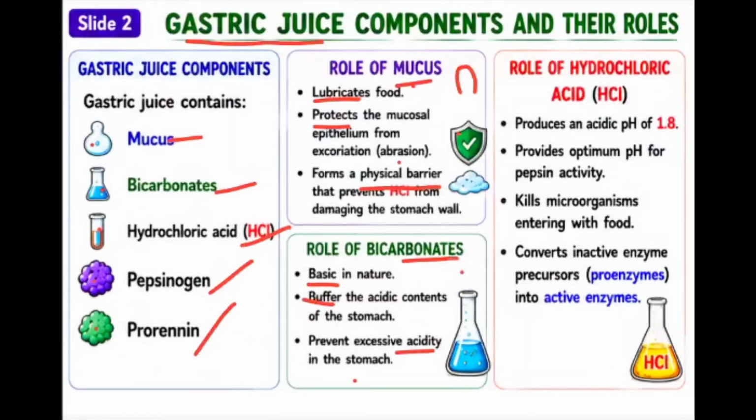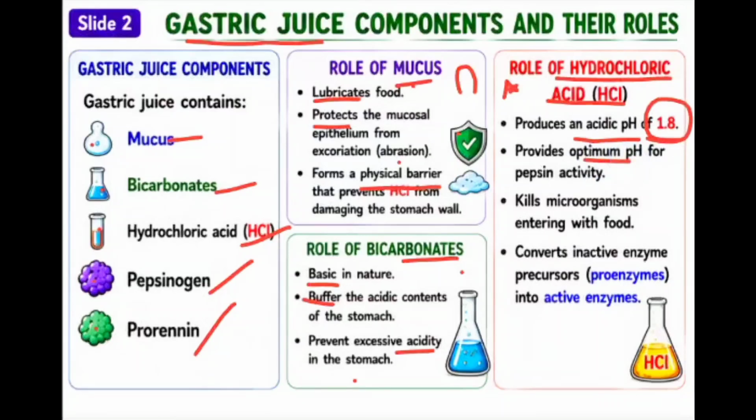Now we have the most important component, hydrochloric acid or HCl. Hydrochloric acid creates a highly acidic environment with a pH of approximately 1.8. This acidic condition is extremely important for protein digestion. HCl performs several functions. The first function is it provides the optimum pH required for the enzyme activity.